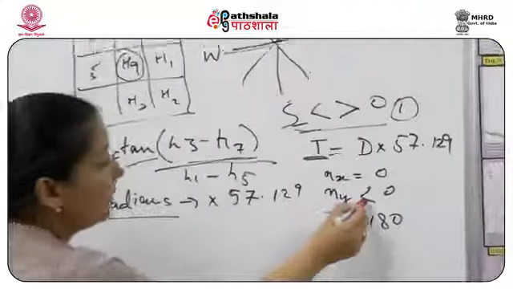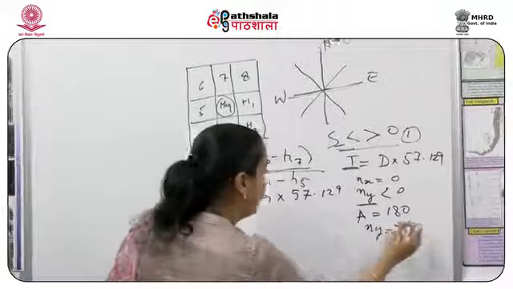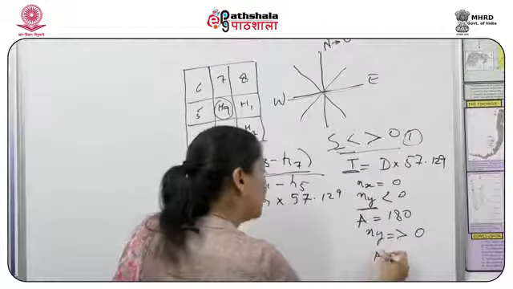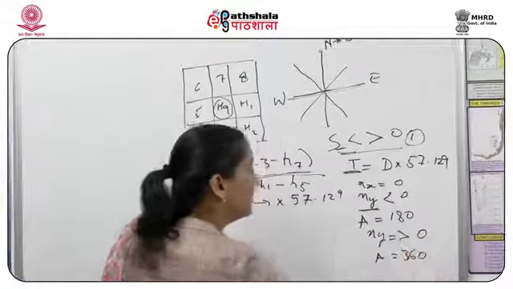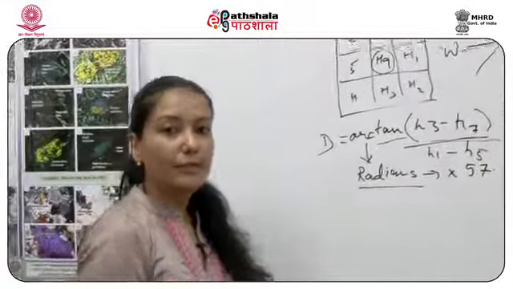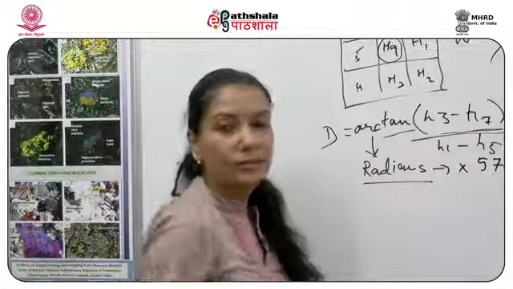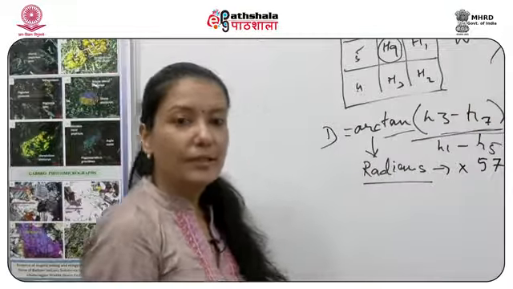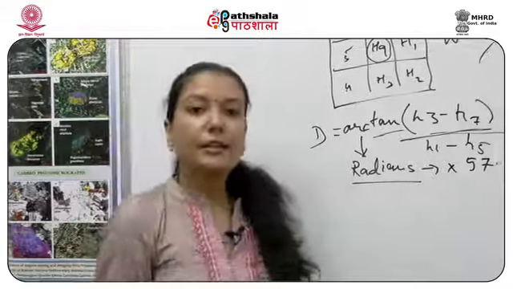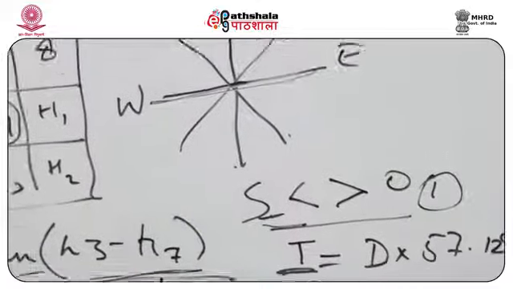Similarly, if ny is not less than 0, that is, ny is greater than 0, then your aspect is 360 degrees. So that is how you calculate your aspect in the form of degrees, and based on your degree values you can know the direction of your slope. So that is what we utilize in deriving our slope and aspect using the digital elevation model.